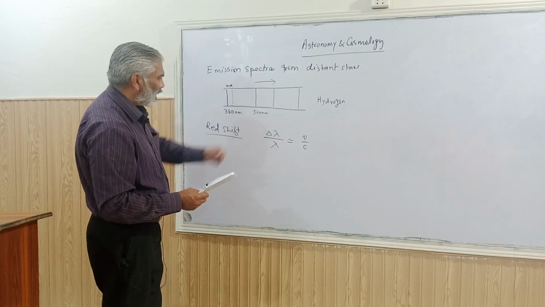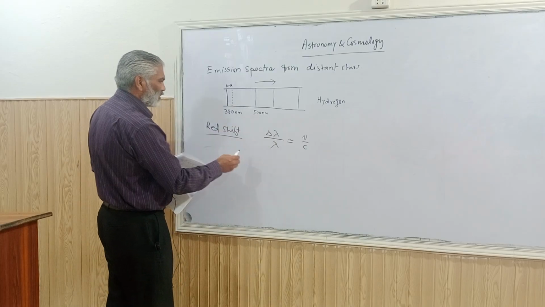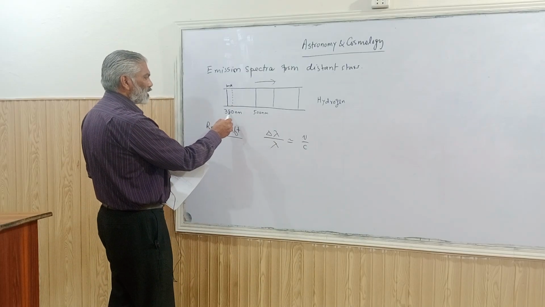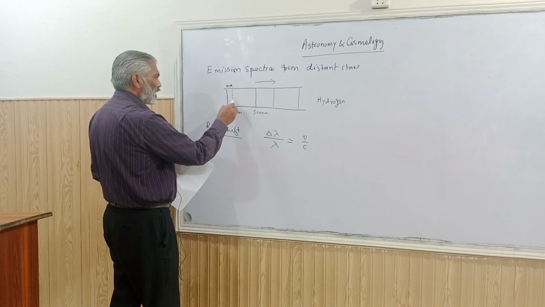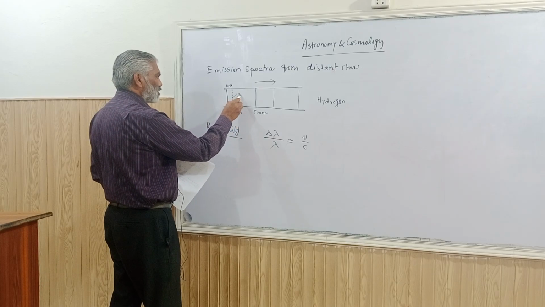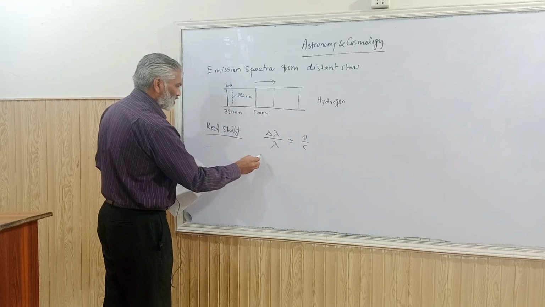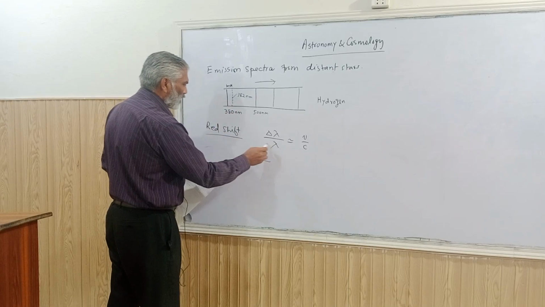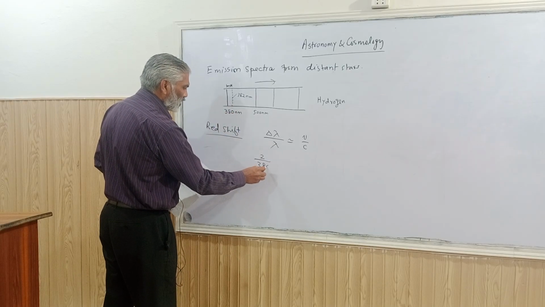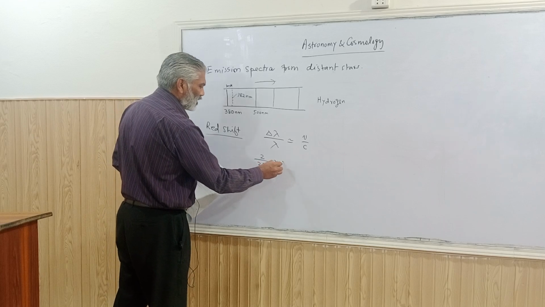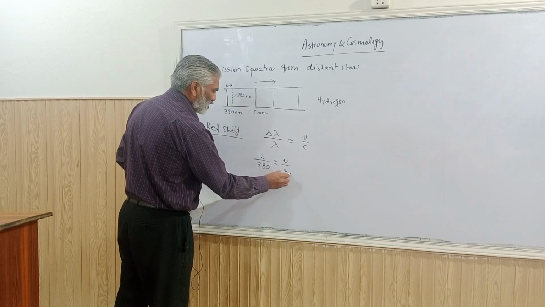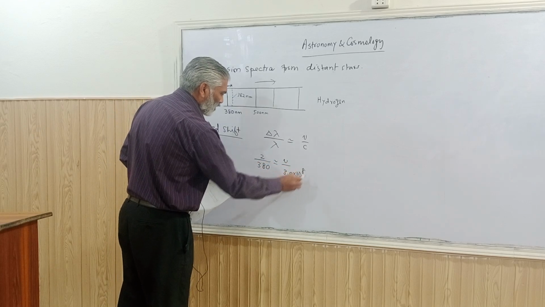When we use these values, for example, delta lambda is only 2 nanometer, because this line is 382 nanometer. So the difference is 2 nanometer divided by 380 nanometer, which is nearly equal to v over c, with c equal to the speed of light.